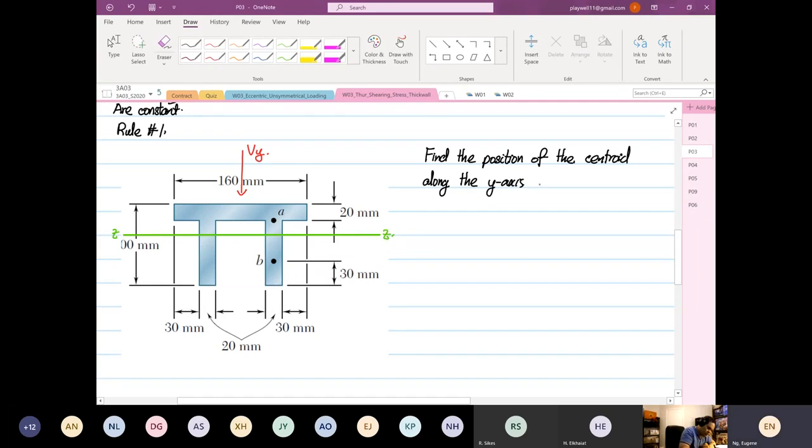So we want to find the position of ZZ. And as I said, I'm not going to do it. It's really straightforward, like what we learned two weeks ago. So this will be equal to 35 millimeters from the top.